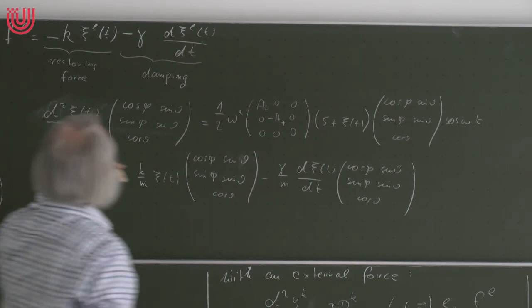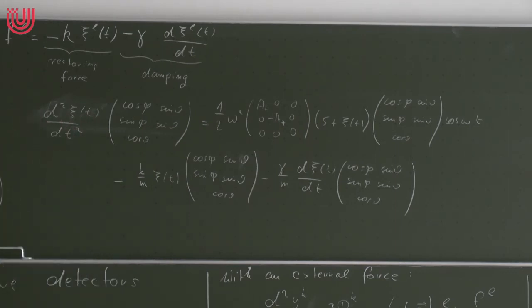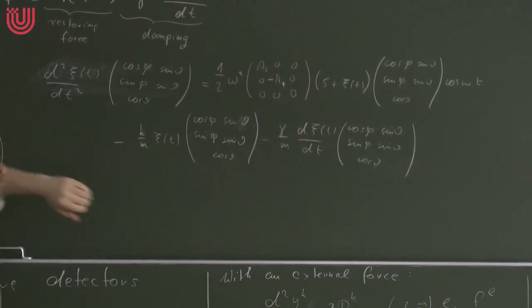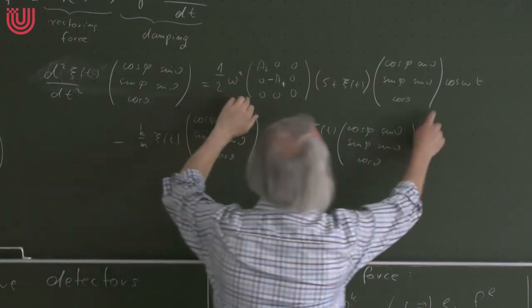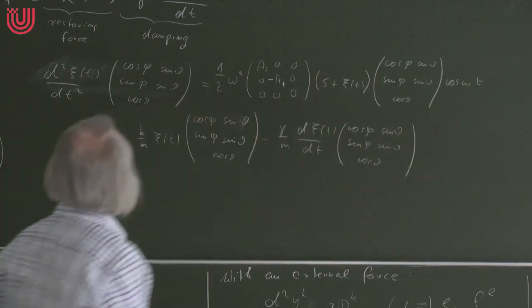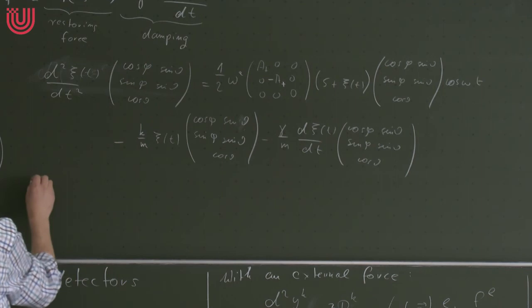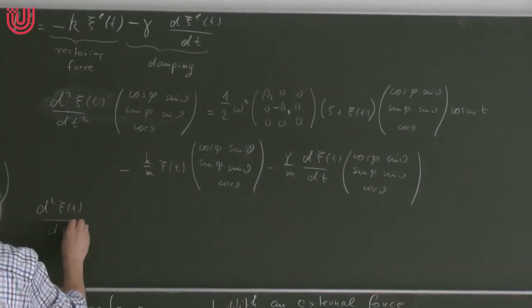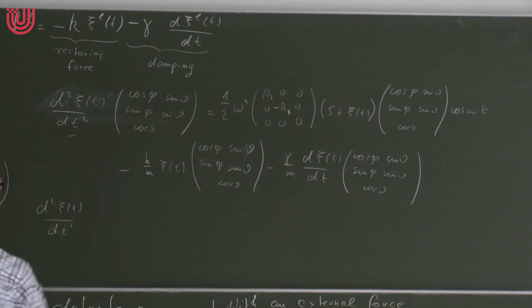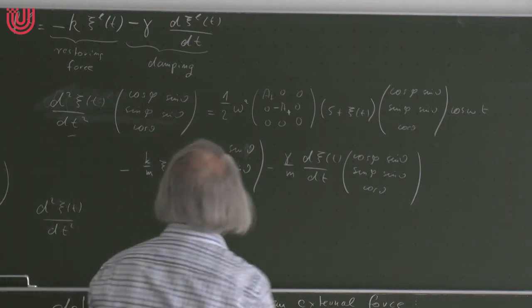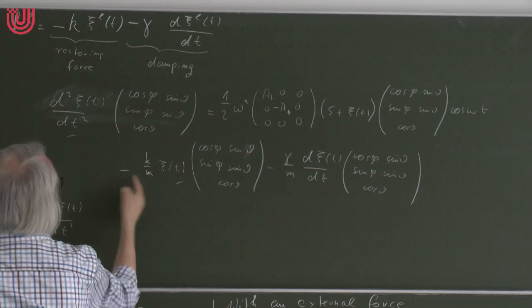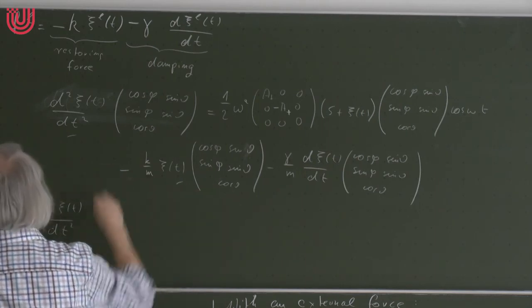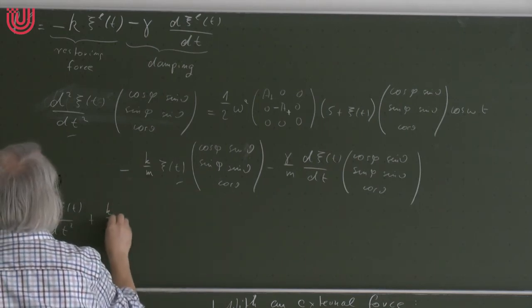So you see that almost all terms are proportional to this direction vector. The only one which is not of this type is this here. So I take all the other ones together. Then I have the second derivative, there's this here, and I have this term here. This is with minus on the right-hand side, so it becomes plus on the left-hand side.